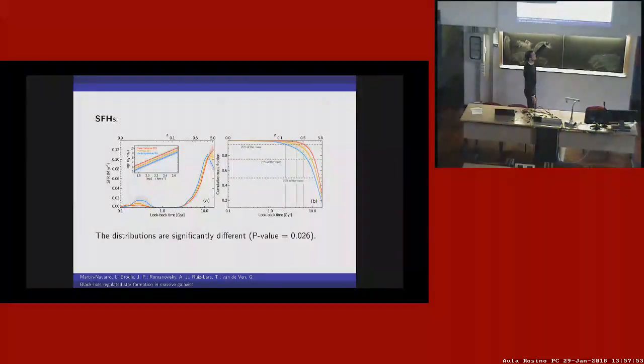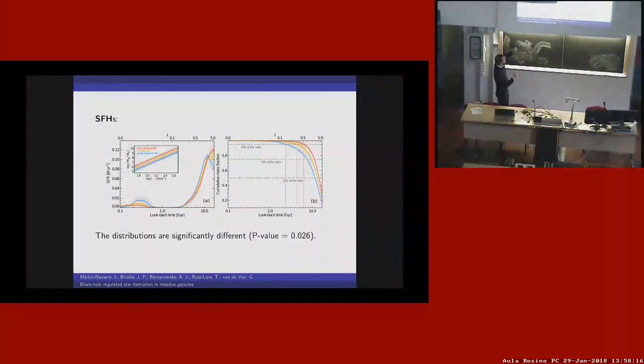This time delay, roughly 4 gigayears, is explained mainly by the quenching due to AGN feedback. The situation is completely different if you look at younger stellar populations, for look-back times lower than 10 gigayears.